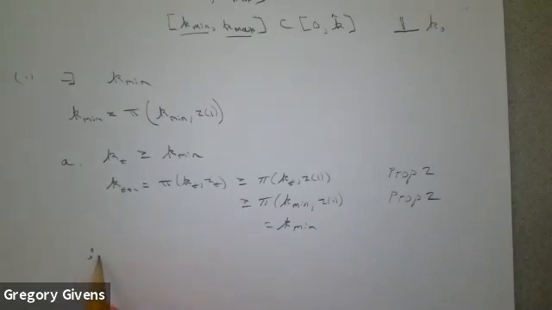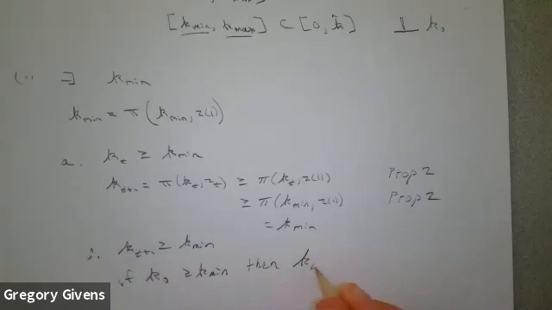Therefore, KT plus 1 is bigger than or equal to K min. So if initial capital is bigger than or equal to K min, then KT will be bigger than or equal to K min for all T bigger than or equal to 0.